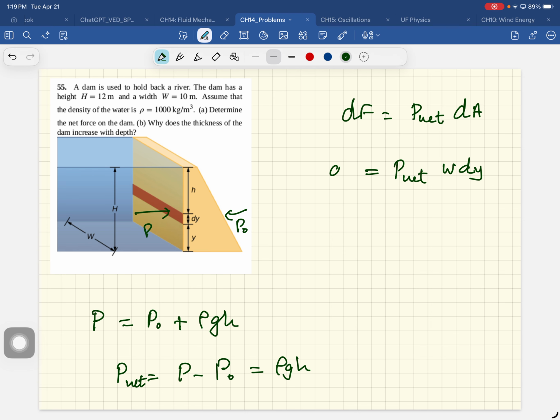Now let's write it this way. I kept forgetting to do the width here.